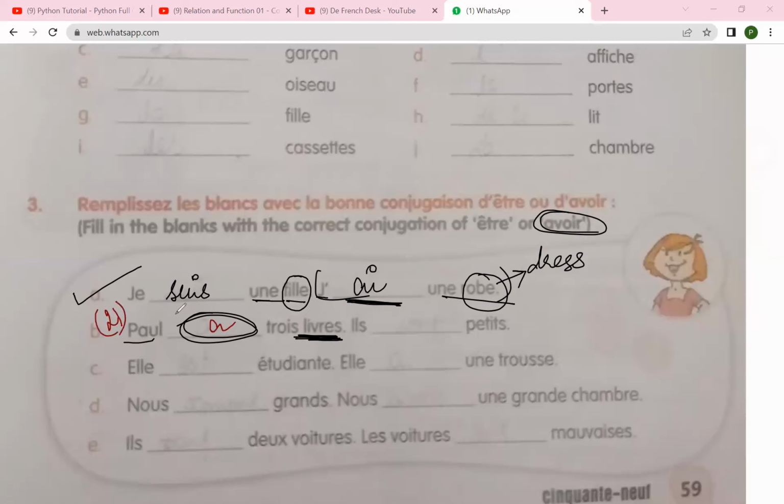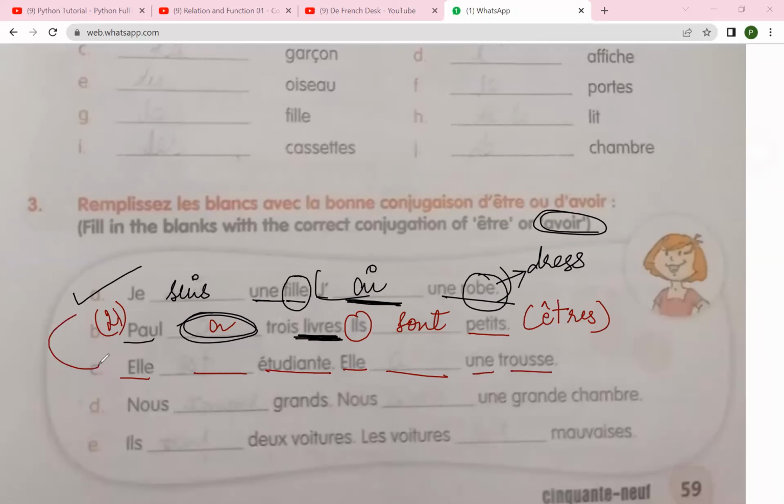Third person singular. So, il a or Paul a trois livres. Ils sont petits. Now, here we'll make use of être because the books are being described that they are small.